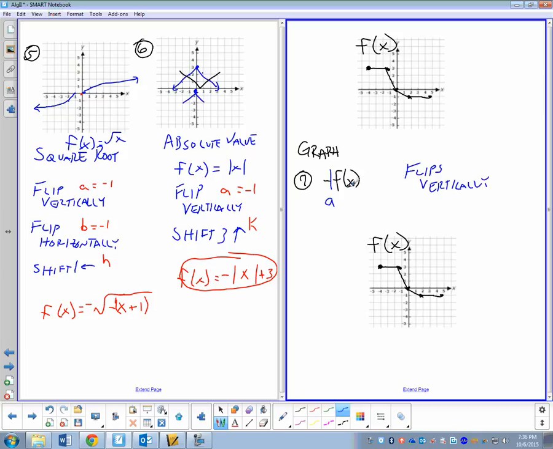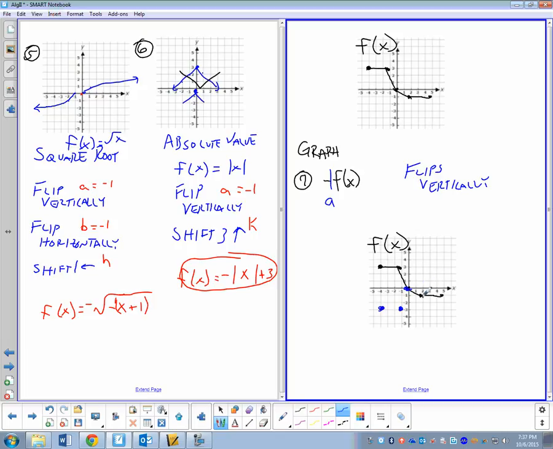So that means to get the graph of this, I need to take this black graph and flip it vertically, meaning whatever goes on top of my x moves down below. Whatever's down below my x-axis moves above. You can just do that by taking this point and saying, okay, instead of being 3 above the x-axis, I'm now going to move this 3 below. Instead of this point being 3 above the x-axis, I'm going to move it 3 below. This point that is on the x-axis, because it's on the x-axis, when I flip it, it's going to stay on the x-axis.